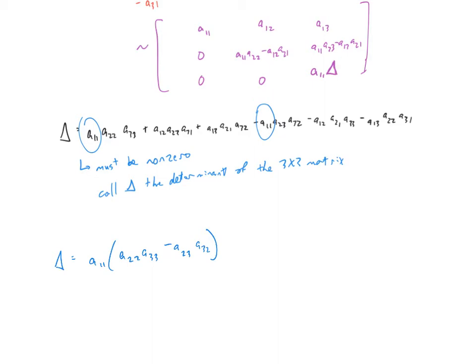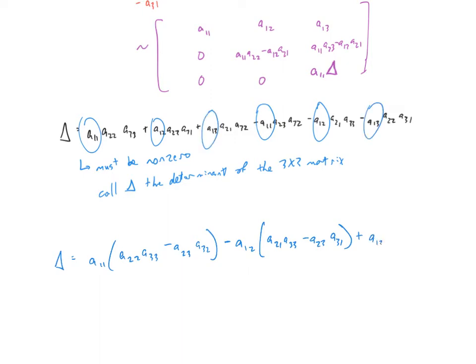We're going to take our A12 terms, where are they? This one and this one, and factor out a negative A12 times A21 times A33 minus A23, A31.